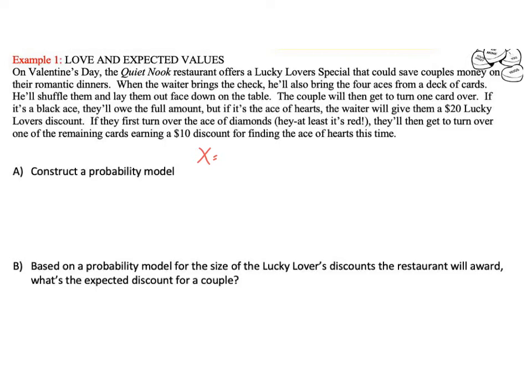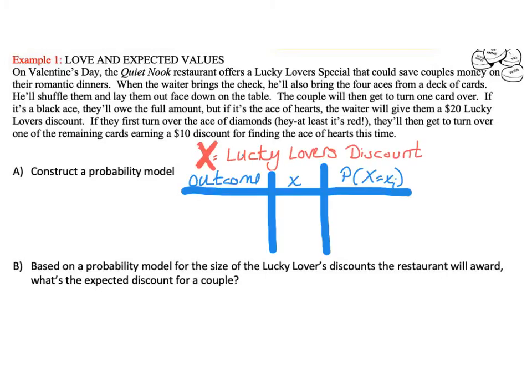It's the amount of discount, so it's the Lucky Lovers discount. Okay, so I set up a table here where I'm going to show my different outcomes, what the amount of the Lucky Lovers discount would be, so each individual lowercase x, and then the probability that my random variable is equal to each of these different outcomes.